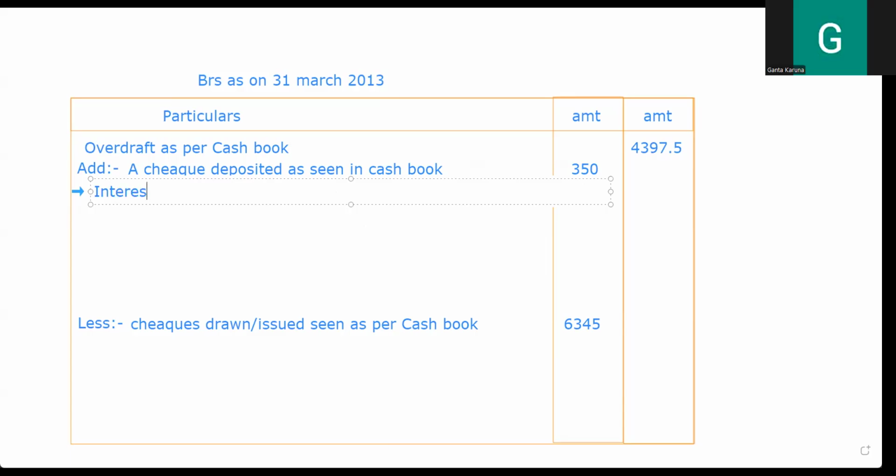So interest on overdraft is seen only in passbook. So that's why I have to cancel it. So I'm canceling it, 142, by posting on this side.